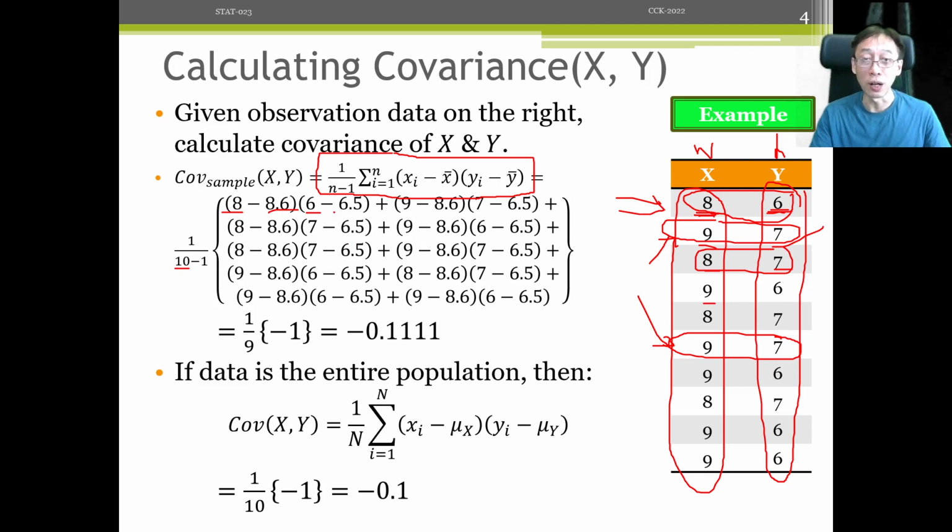The answer is 6.5. So we multiply these two deltas together and then keep adding the same products resulting from other points. The sum total of it all is then divided by n minus 1, so 9. In the end we get negative 0.1111.